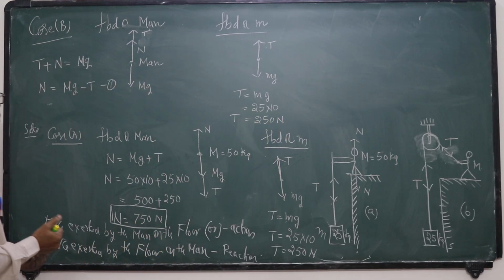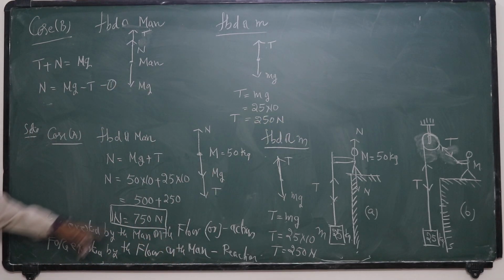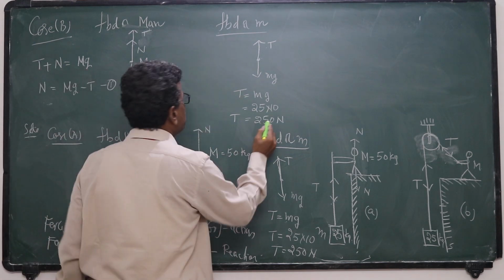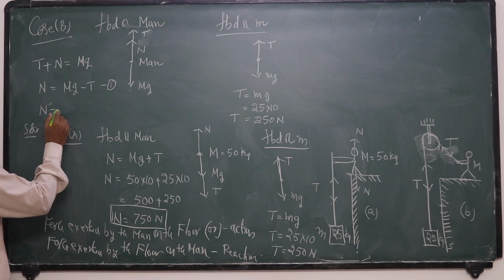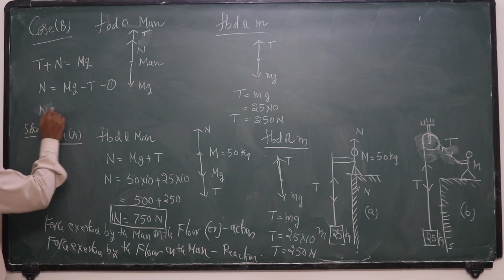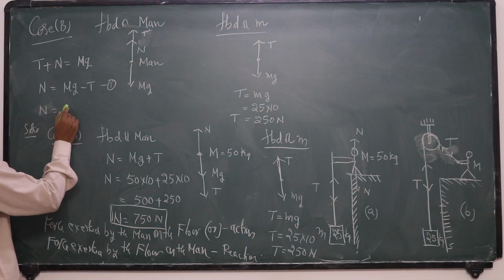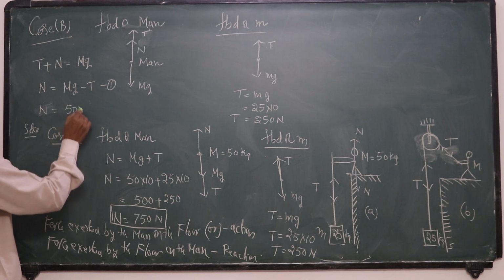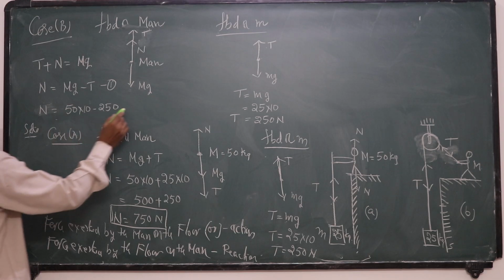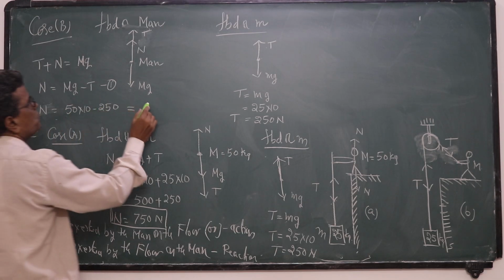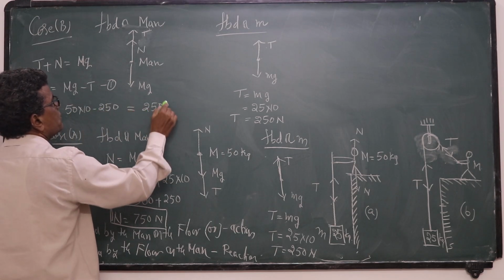Okay, so I am substituting this T value here. So what you will get? N is equal to mg, that is 50 into g, 10 minus 250. So what you will get? 500 minus 250, 250 newtons.